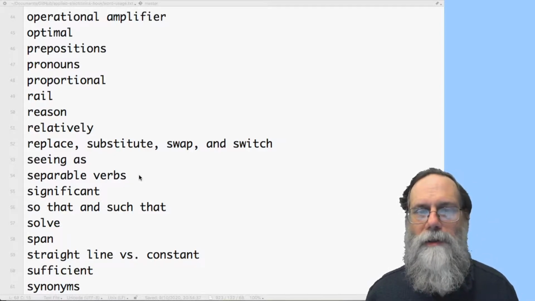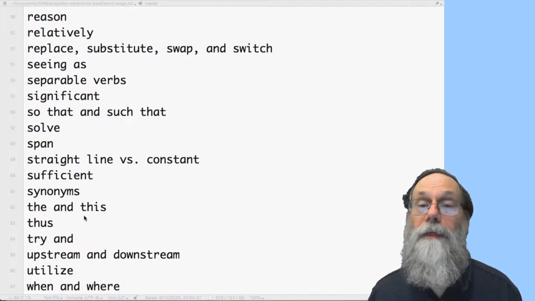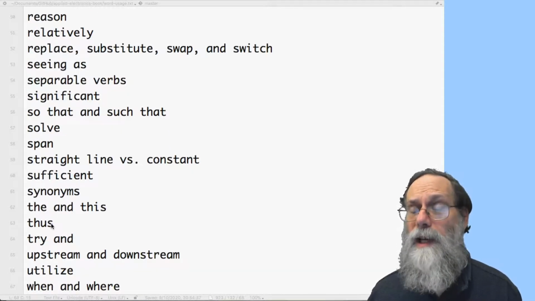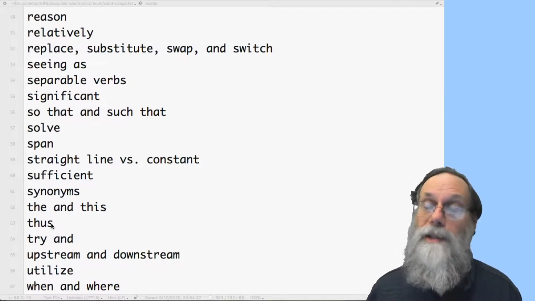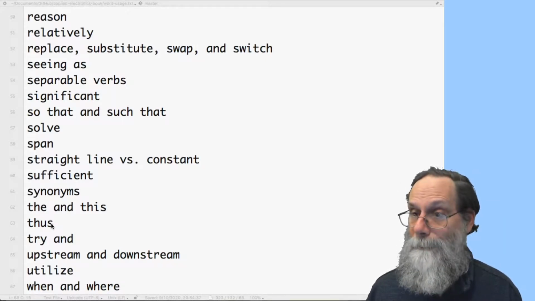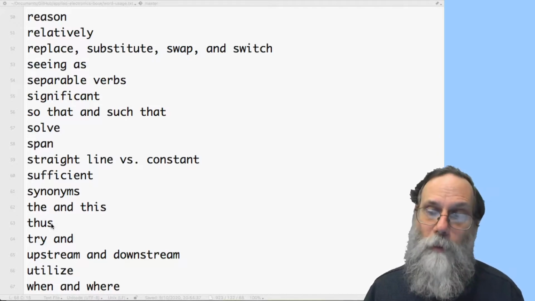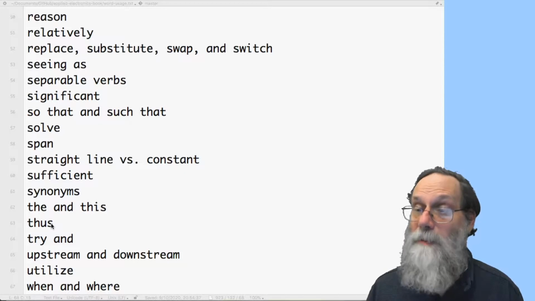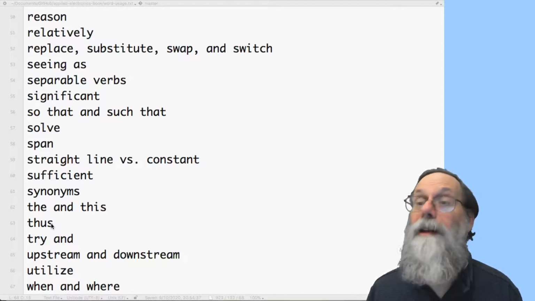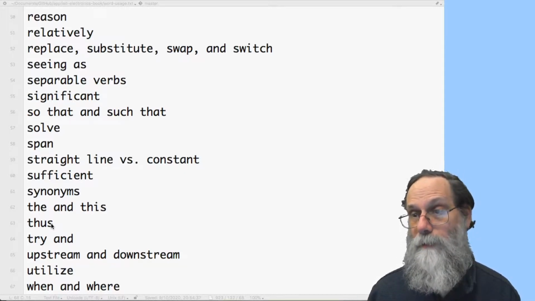All right, let's skip down a little farther. Thus. "Thus" is not a synonym for "therefore." Thus means "in this manner." If, when you replace the word "thus" with "in this manner," it doesn't mean the same thing, then you've misused the word "thus."